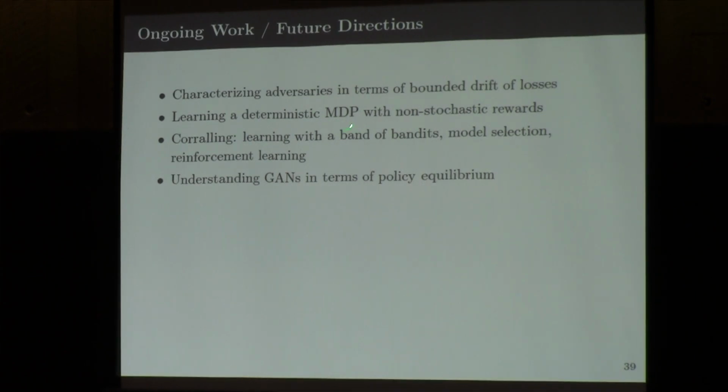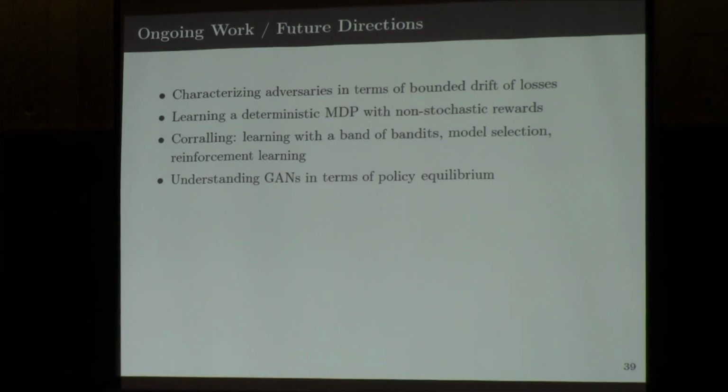Another direction that we are pursuing currently is, can we learn a deterministic MDP, deterministic for now, if the rewards corresponding to the action I take in a state are controlled by an adversary, they're non-stochastic. And this will help us extend some of these algorithmic ideas to reinforcement learning, where we would have multiple strategies, multiple policies being explored at the same time.